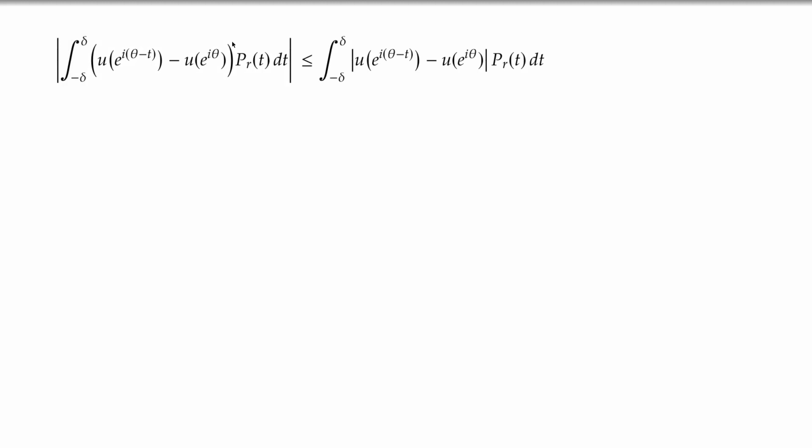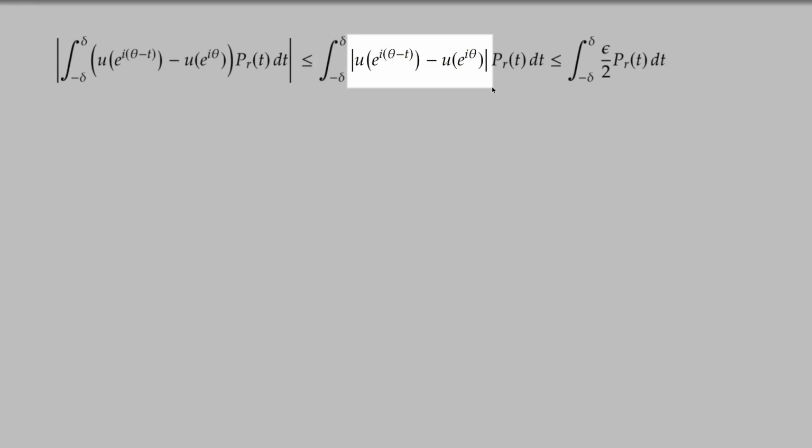But p sub r is big, but its integral is 1, right? So we estimate in the same way. First step is the same, and now we have an estimate on this guy that is small, and we make it epsilon over 2, right? That's how we picked the delta, right?